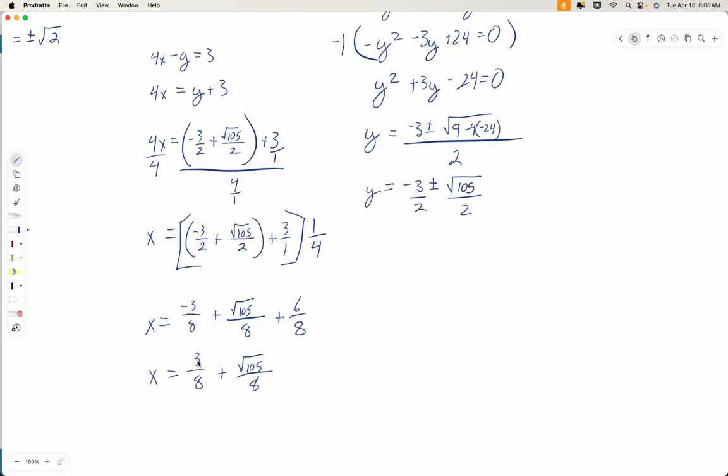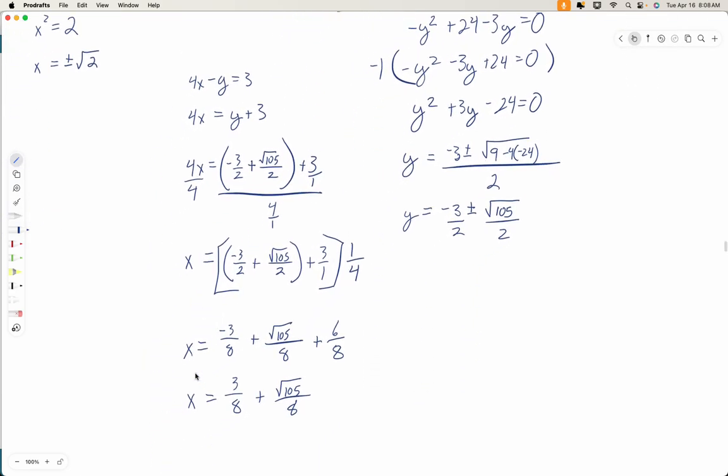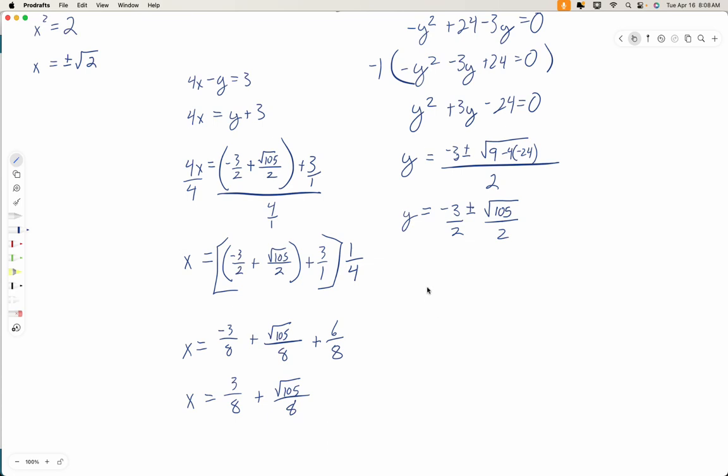All right, so when y is positive, I get this. So here's my first term. I would have 3 over 8 plus square root of 105 over 8.